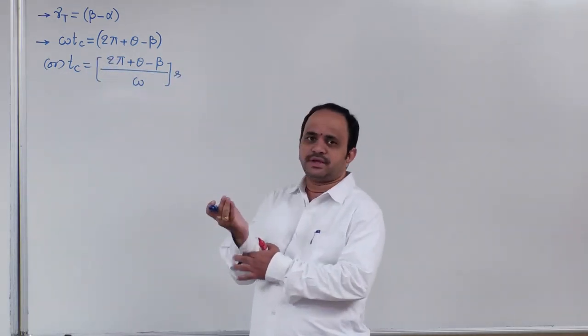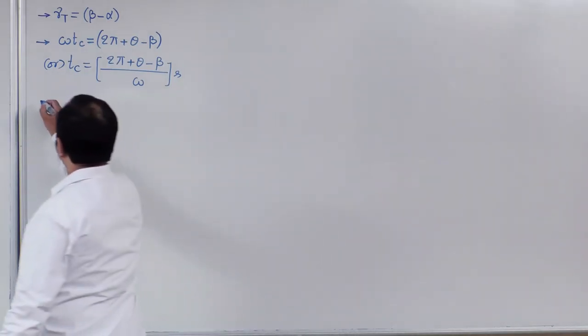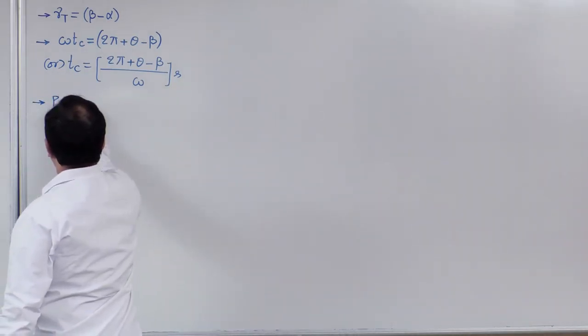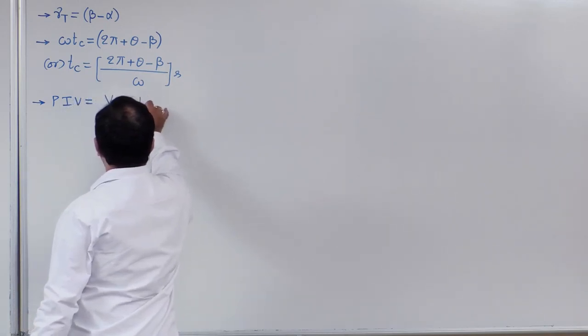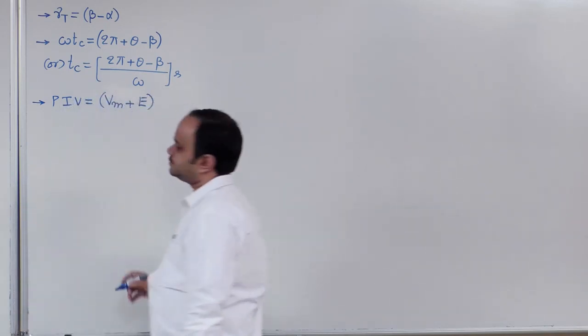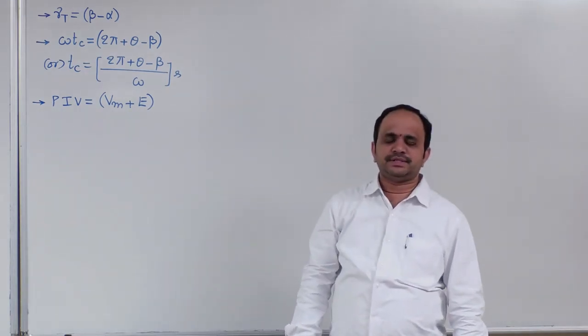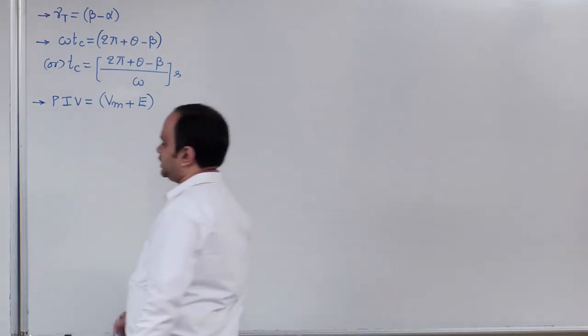So that is the circuit turn off time. Next, peak inverse voltage, please refer to the waveforms. Peak inverse voltage is equal to Vm plus E.